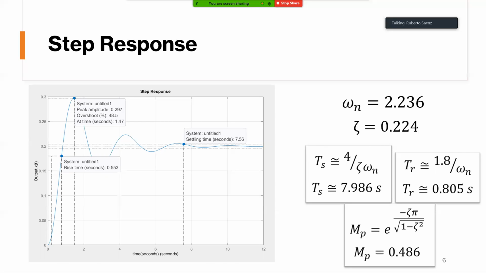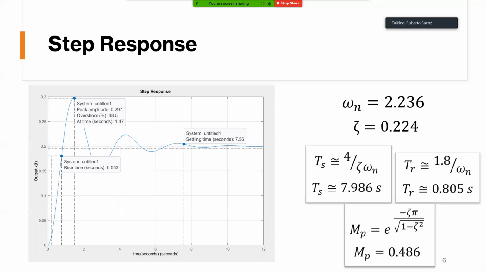We can also calculate these to get a general answer by hand. The settling time is about equal to 4 over zeta times the natural frequency, which yields about 7.986 seconds.